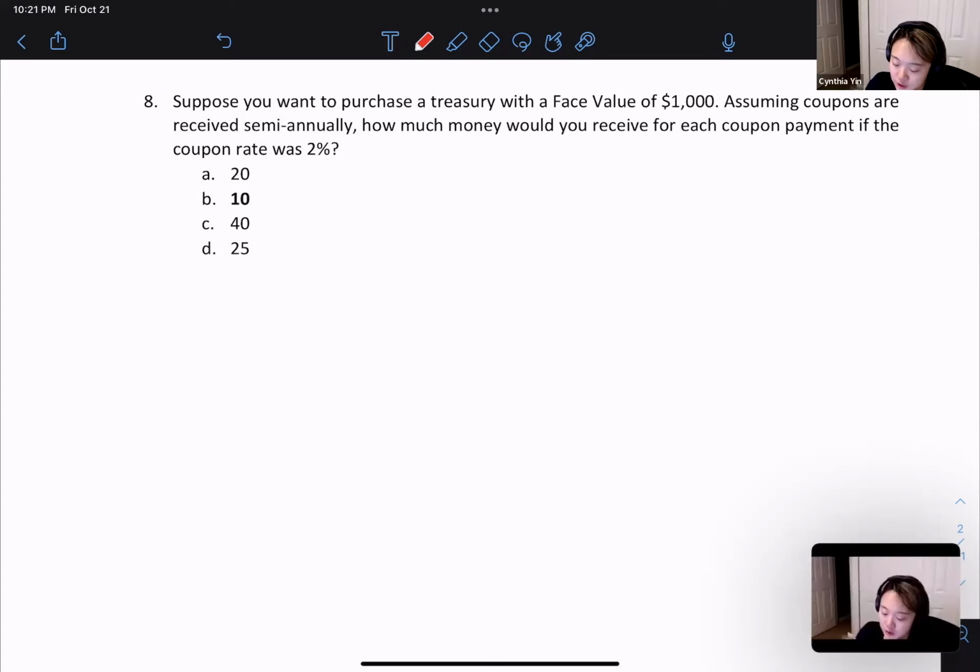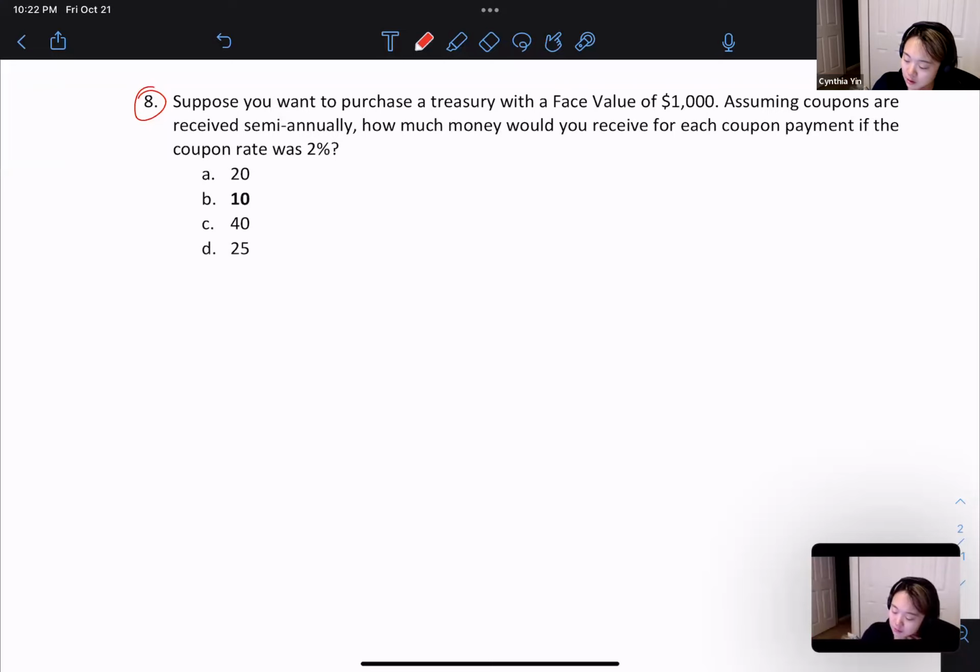Then let's look at question 8. Suppose you want to purchase a treasury with a face value of $1,000. Assuming coupons are received semi-annually, how much money would you receive for each coupon payment if the coupon rate is 2%? I'm pretty sure I tested this question in a quiz, maybe quiz 1 or quiz 2, and it's also one of the practice questions.